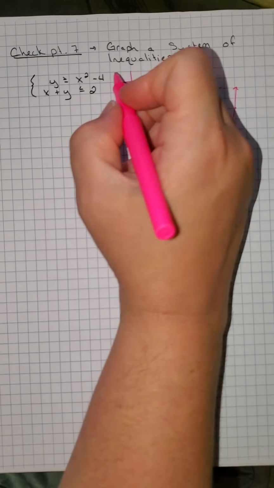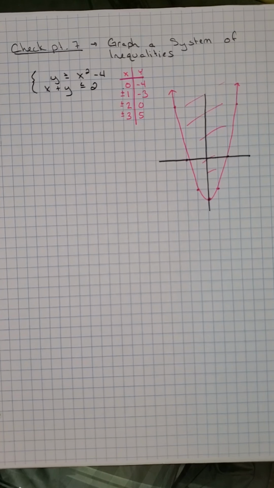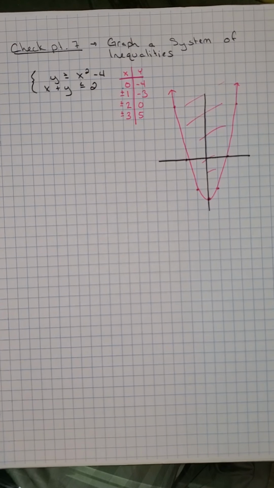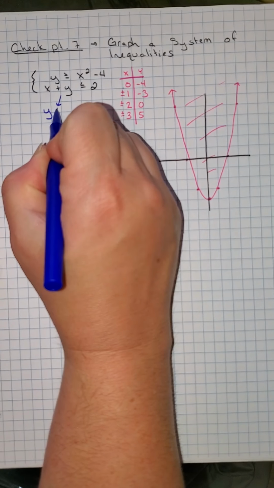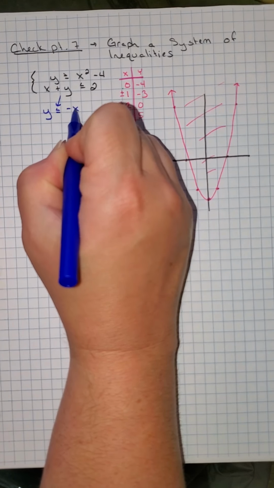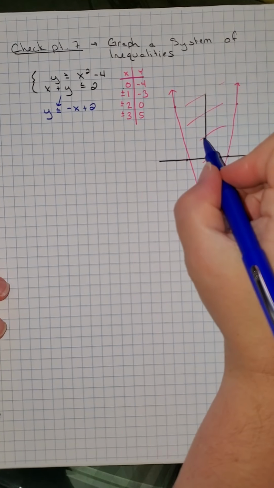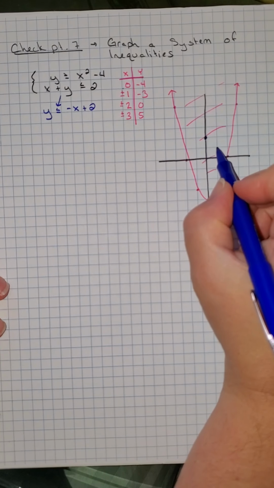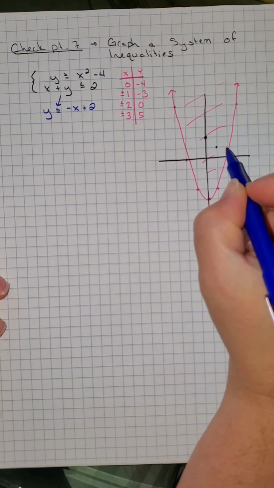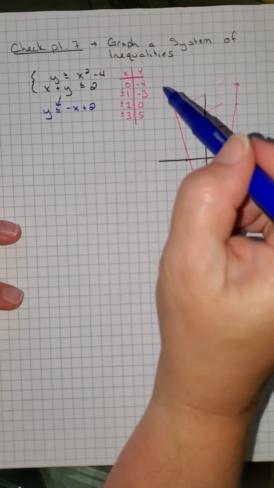Then the other inequality, I keep saying equation, is a line. Just solve that for y. y would be less than or equal to negative x plus 2. So start at 2. Negative x would be down 1 over 1 for our slope, and there it hits the parabola, and there it hits the parabola.